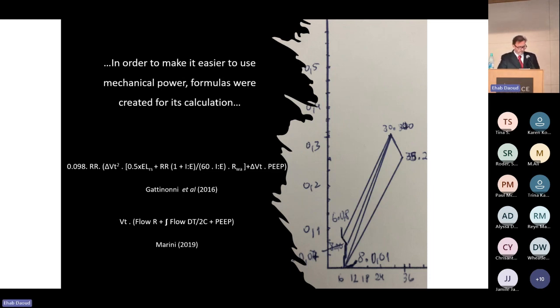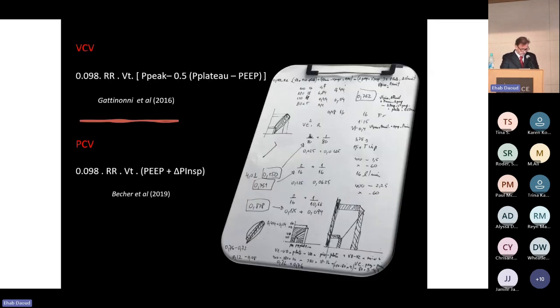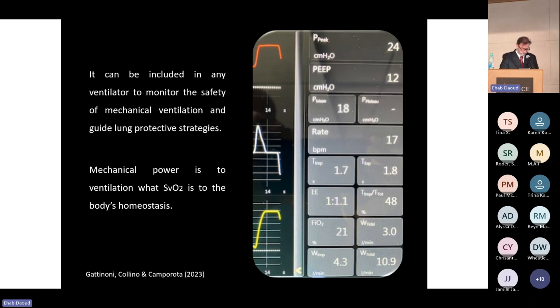There are several formulas, such as Gattinoni, Marini, Chiosa, Chai, Assar, Becker, van der Merwe, and each one has its own characteristics for obtaining mechanical power, such as the need for an inspiratory pause or not, average pulse pressure, work of breathing, etc. But these formulas still remain very long and very complex, with the presence of integrals, and that's why surrogate formulas were created.